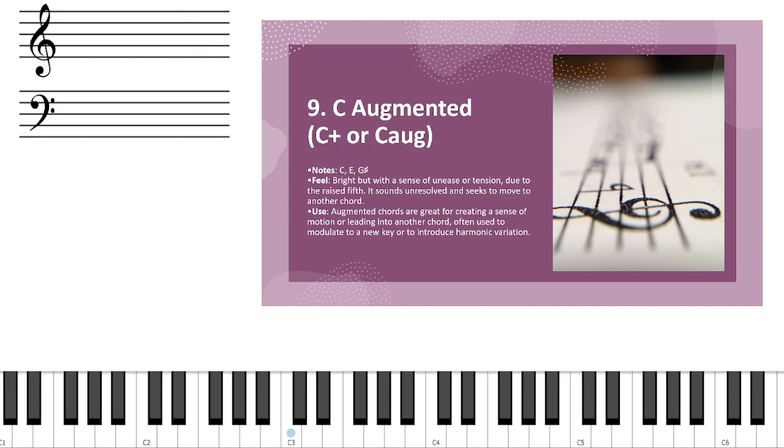In lieu of a seventh, which people normally do, the seventh and go to the F, but you could do this, then an F like that. It really depends on what you're trying to do. But augmented chords are great for creating a sense of motion or lead into another chord, often used to modulate to a new key or to introduce harmonic variation.